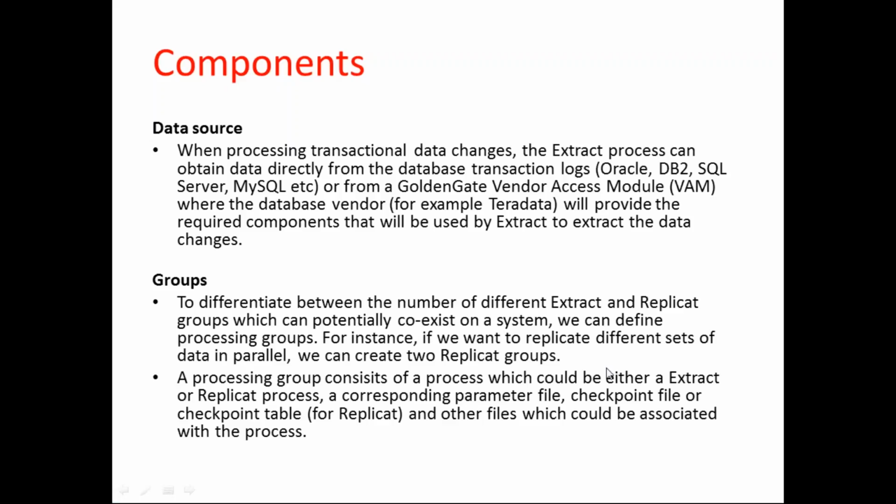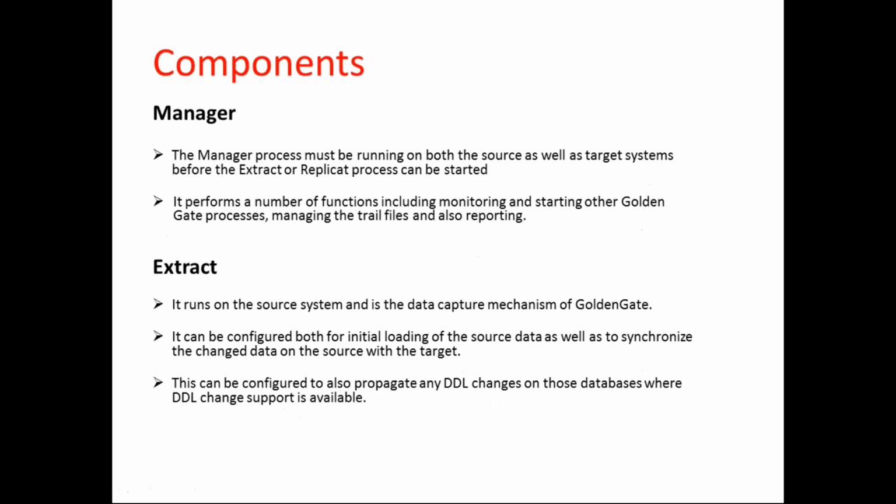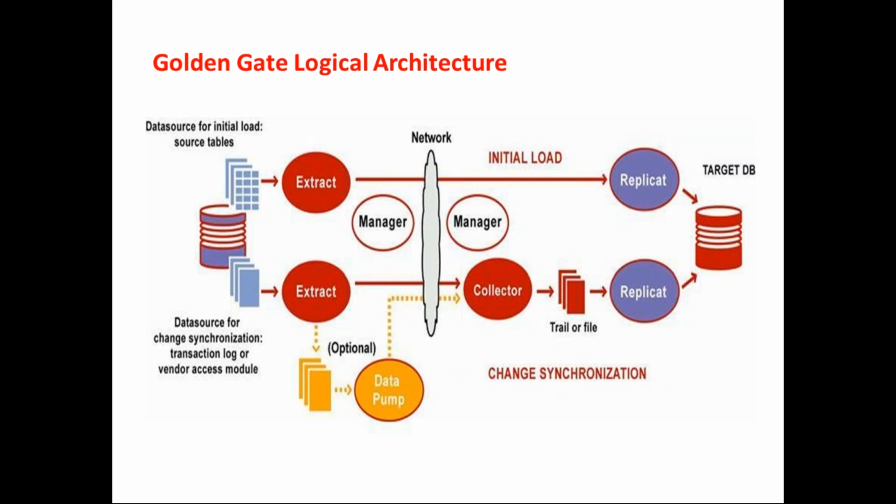So we can have multiple groups also. It's not that I can configure only one extract, one collector, one replicat. Collector anyway I'm not configuring. I can have multiple extracts. Maybe I have 50 schemas which I want to replicate. I can put 10 schemas in one extract, 10 in another, and so on, so I have 5 extracts. Similarly, replicat also I can divide further.